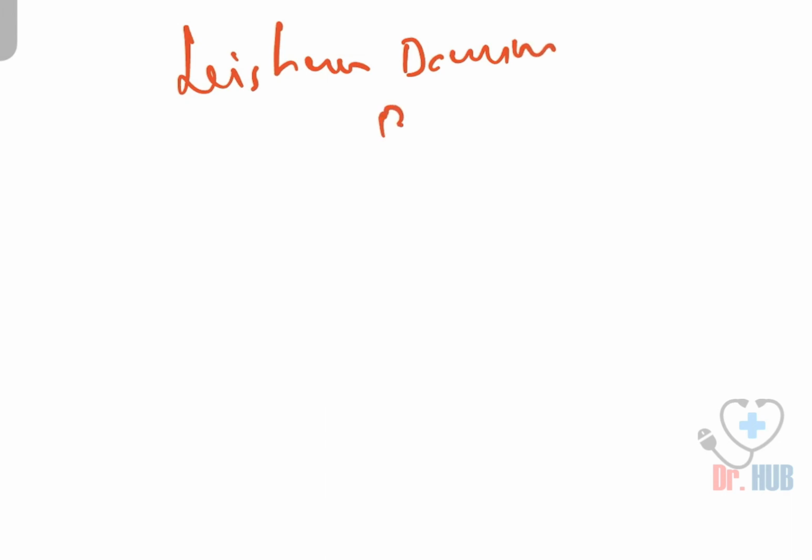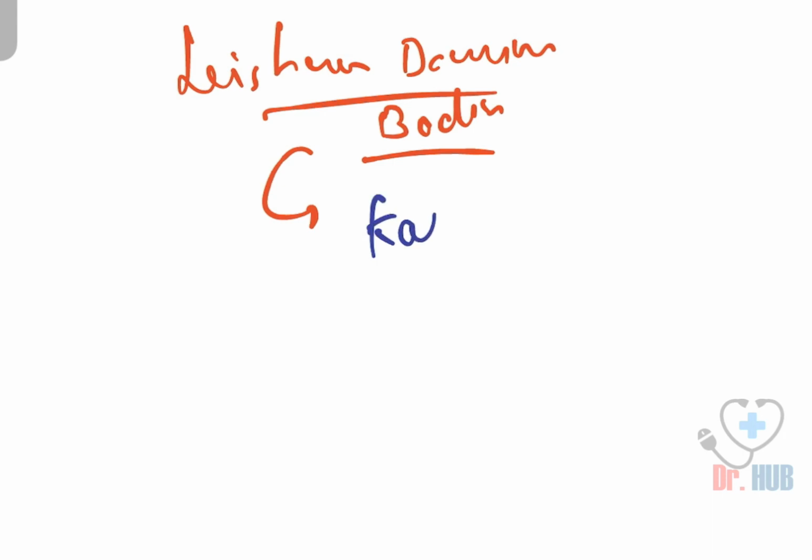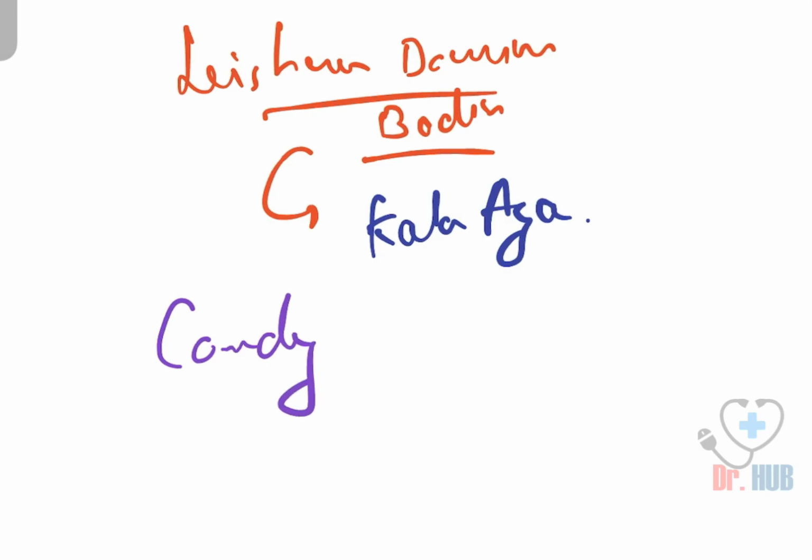So now answering the questions we asked. The first question we asked was, where is the Leishman-Donovan body seen? The Leishman-Donovan bodies are seen in Kala-azar. The next question was, where is the Cowdry type B seen?